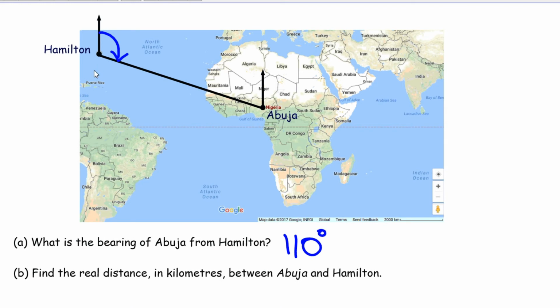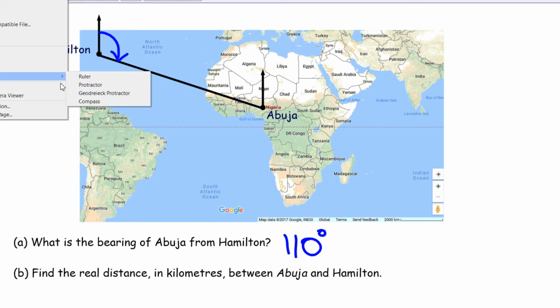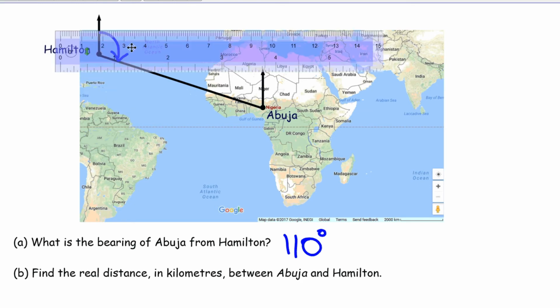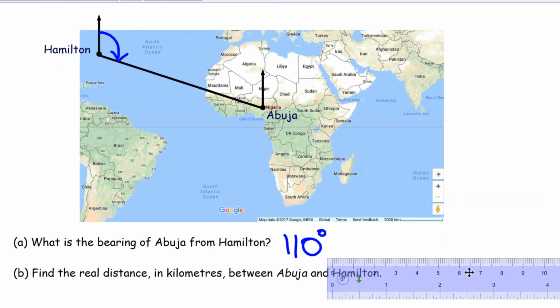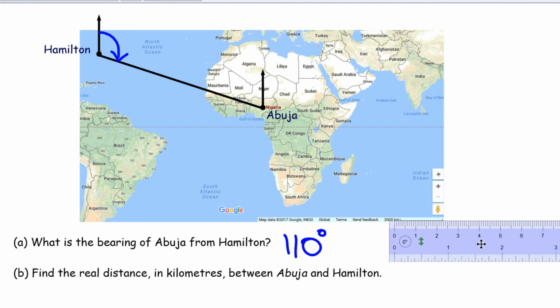Now, the next question, find the real distance in kilometers between Abuja and Hamilton. Now, every map has a scale. So maybe the first thing that we need to do here is to inspect the scale, what it tells us. So what I'm going to do is use a ruler to help me work this out. So here is my ruler, and here is the scale here.